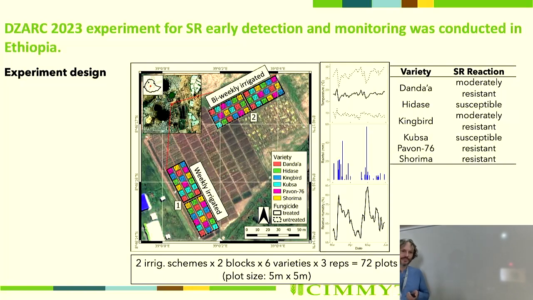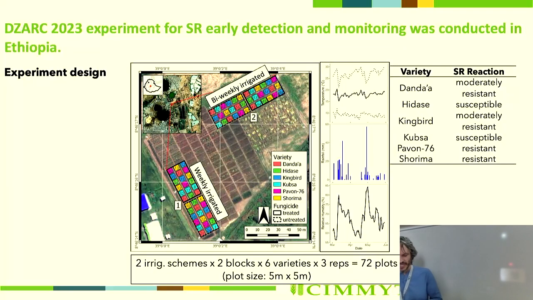The main difference between both sites is that one has a weekly irrigation scheme, and the other one a bi-weekly. We did this during the off-season where we don't usually have rainfall, but my colleague Josef always says this is an unusual year, so we had rainfall. So the irrigation separation, or this additional abiotic stress, was not really working.